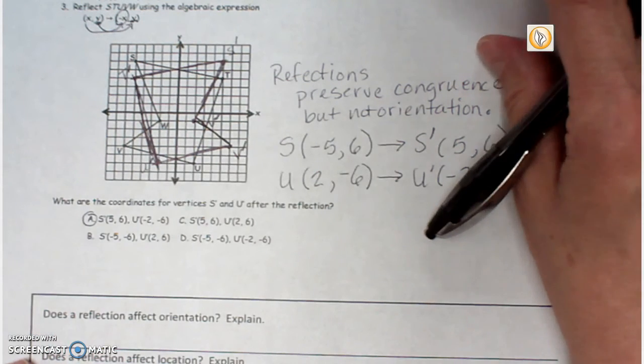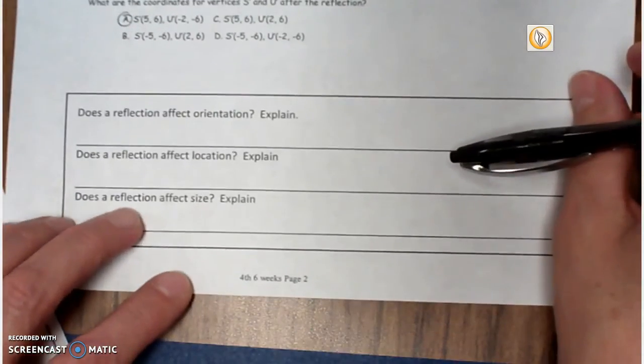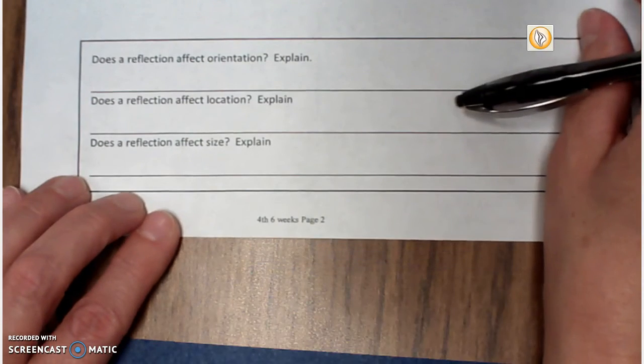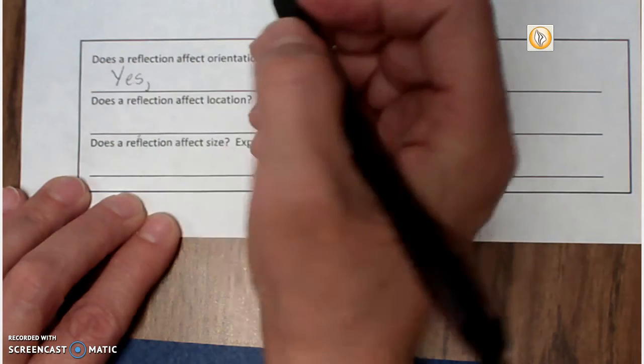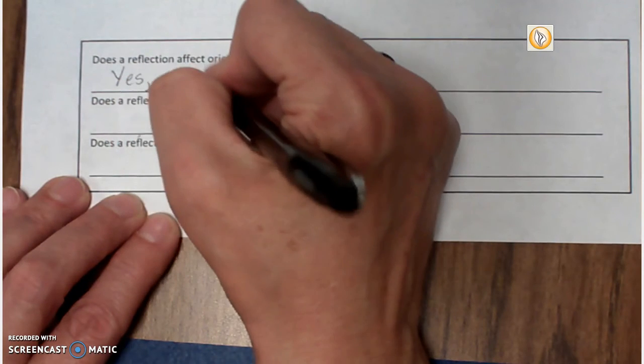At the very bottom of your notes, does a reflection affect orientation? Yes. The flipping changes orientation.